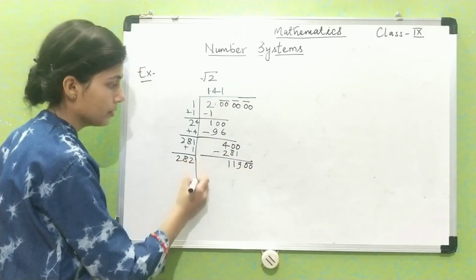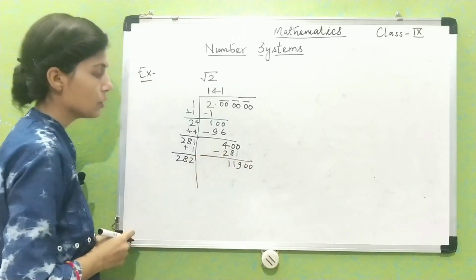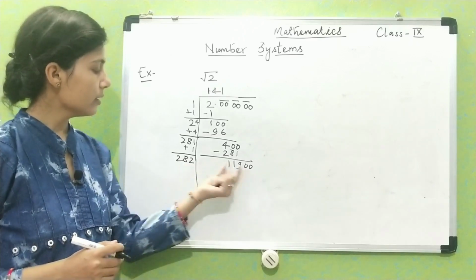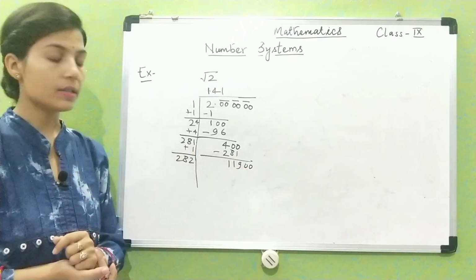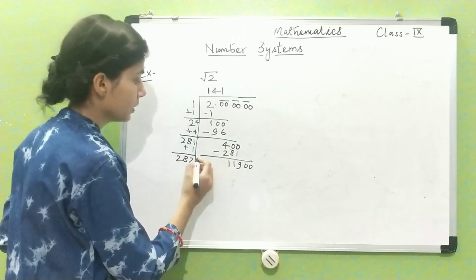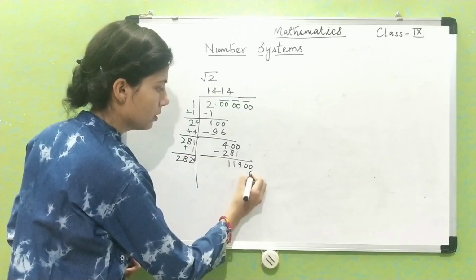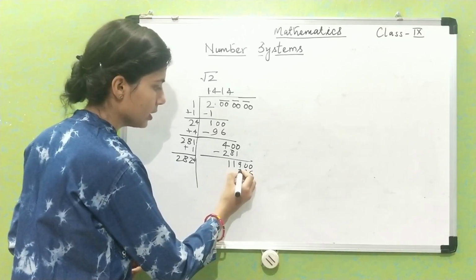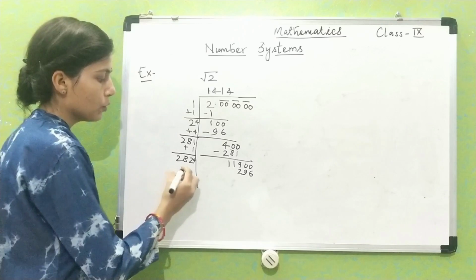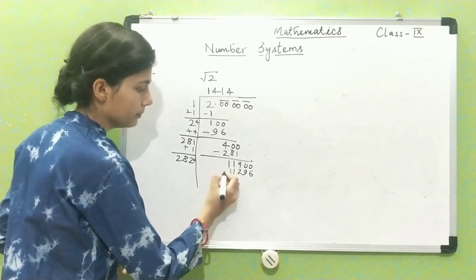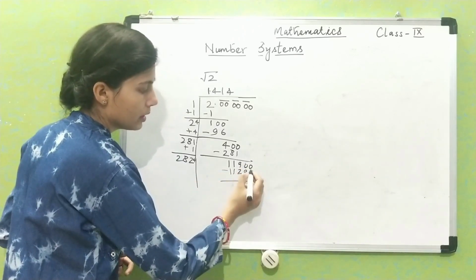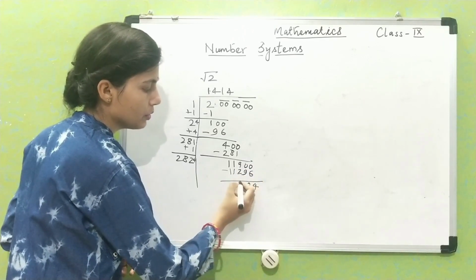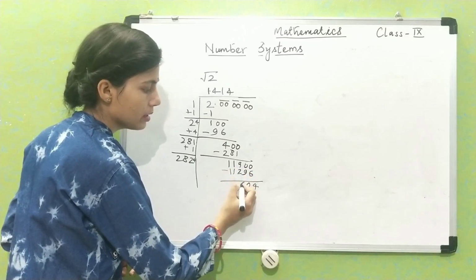Okay, so now choose any digit with which we have to multiply so that this number will come less than this. So I have taken 4. 4 4s are 16, 1 carry, 4 2s are 8 plus 1, 9, 4 8s are 32, 3 carry, 4 2s are 8 plus 3, 11. 10 minus 6 is 4, 9 minus 9 is 0, 8 minus 2 is 6.